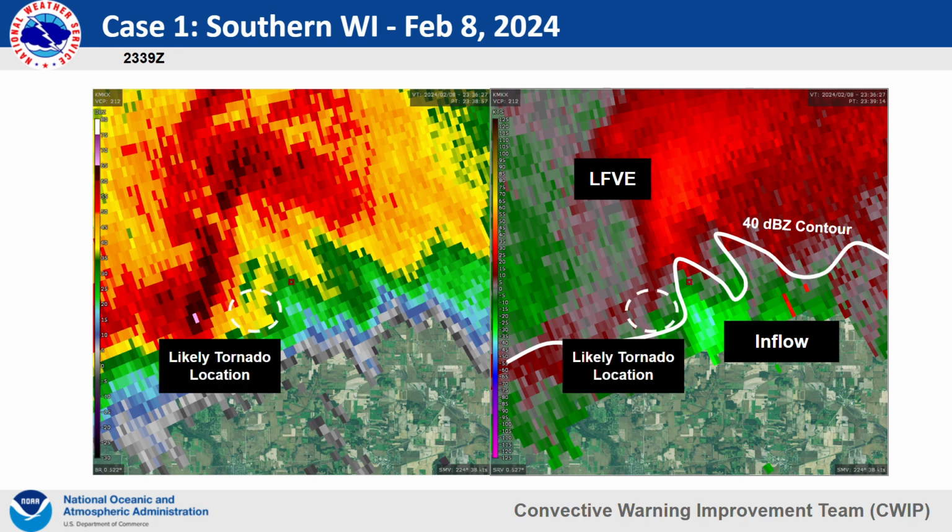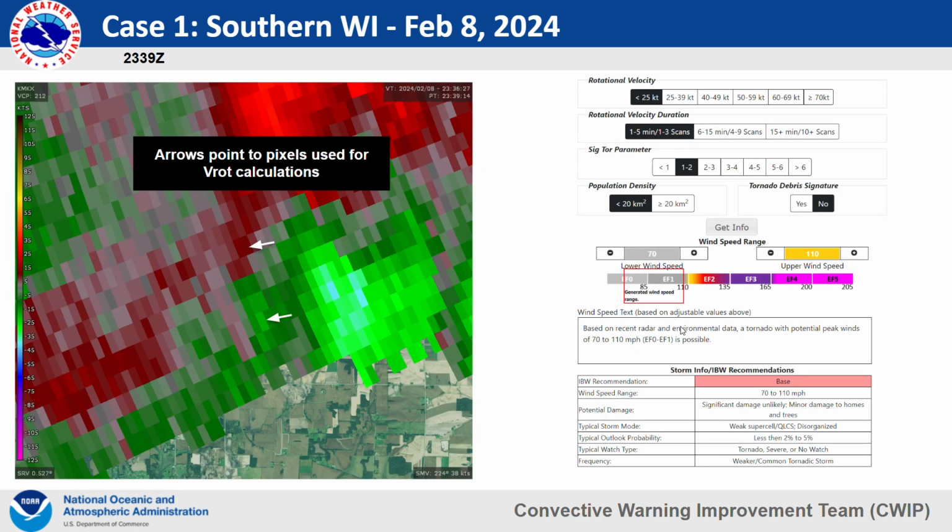And looking more closely, the likely tornado circulation in the appendage hook echo of the storm is a little bit displaced to the west. You can see a very small couplet there, very hard to discern. But as we go through the event, you'll see why this was probably more likely a tornado.